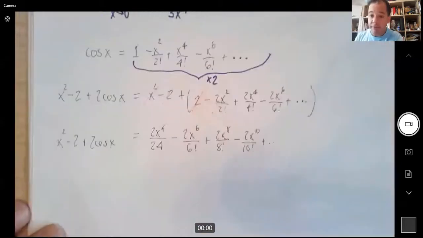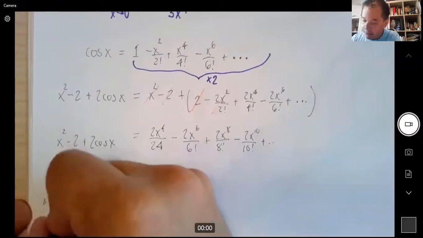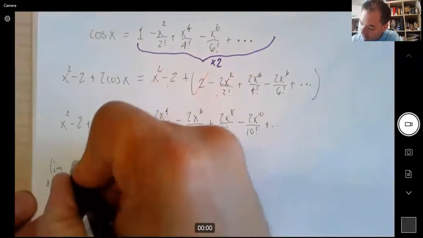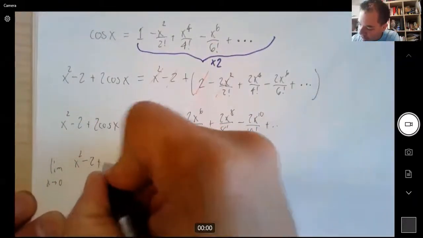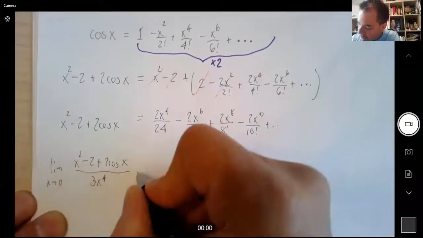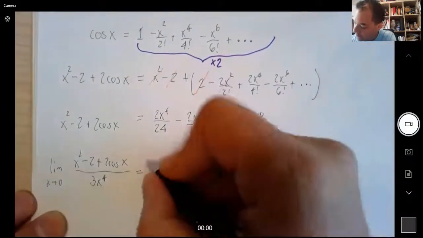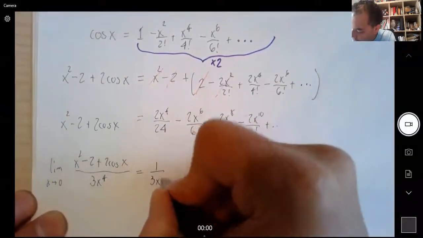All right, so now we divide by 3x to the 4th and we calculate the limit. So it's the limit when x approaches 0 of x squared minus 2 plus 2 cosine x divided by 3x to the 4th. Well, that's like this expression, but divided by 3x to the 4th. So it's 1 over 3x to the 4th.